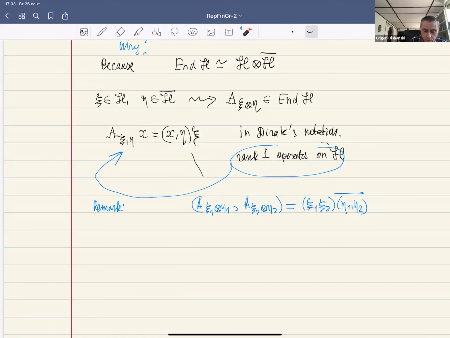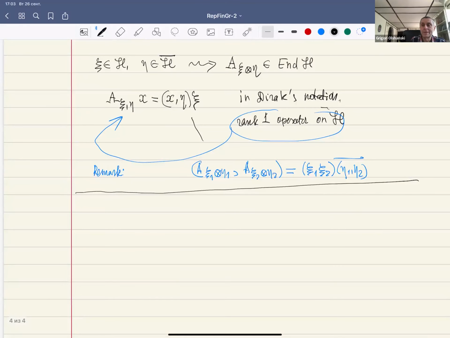And what next? The next step is that I want to slightly generalize the notion of matrix elements.